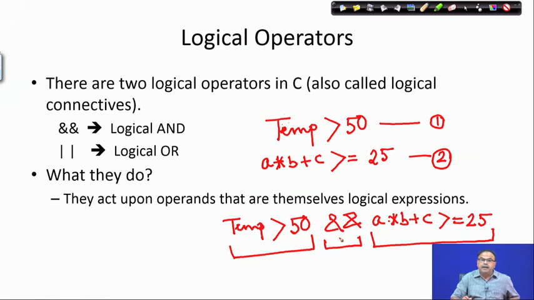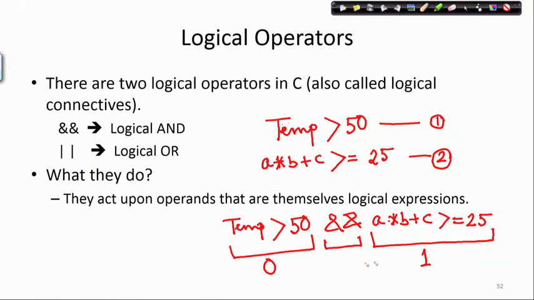This logical AND means that the entire expression will be true, or will result in a 1, if both of them are true. So, if the temperature is 40, then this will become false or 0, and if this is 25, then this is true, but 0 and 1 both are not true. Therefore, this 0 and 1 will result in 0.